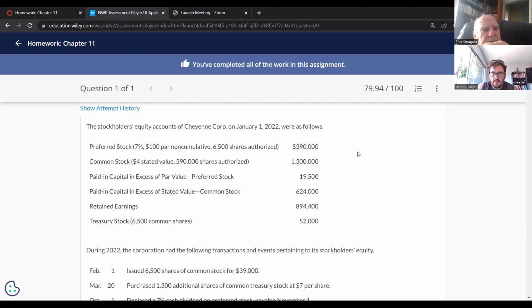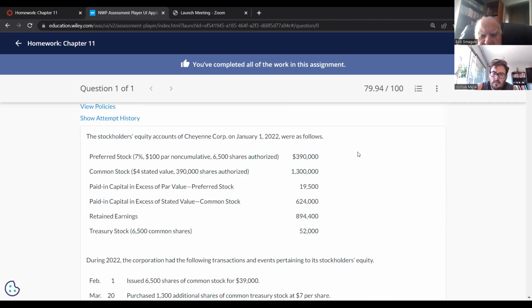And then we subtract treasury. And that should be your beginning equity balance. I got 3,175,900.